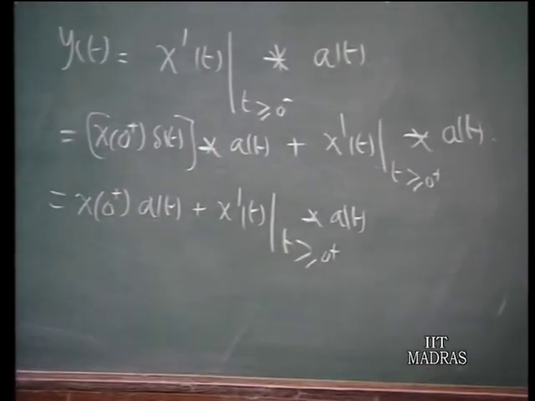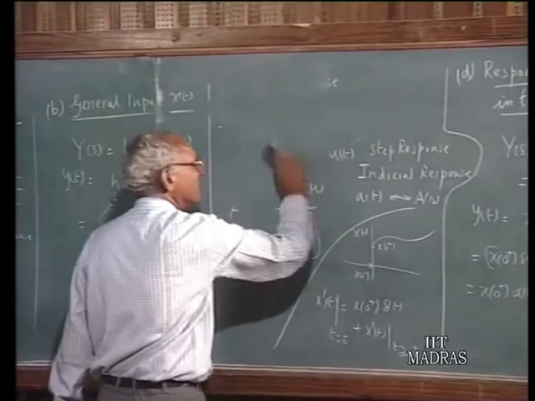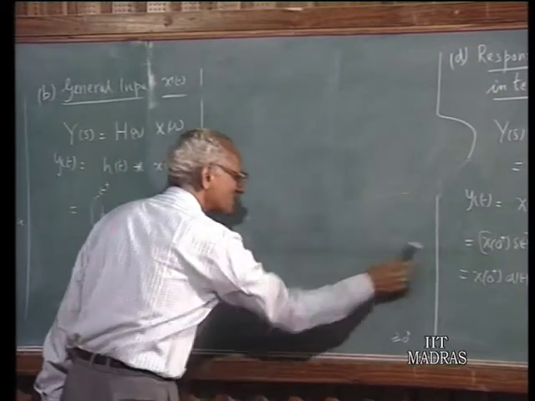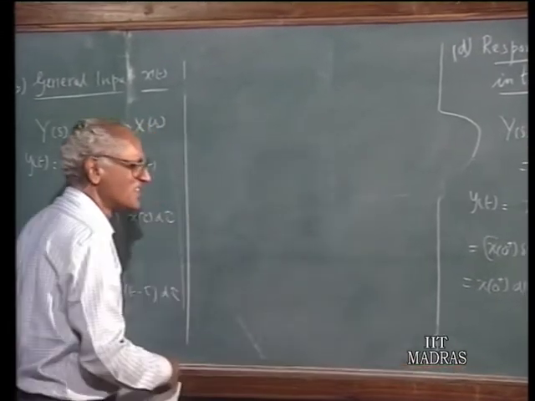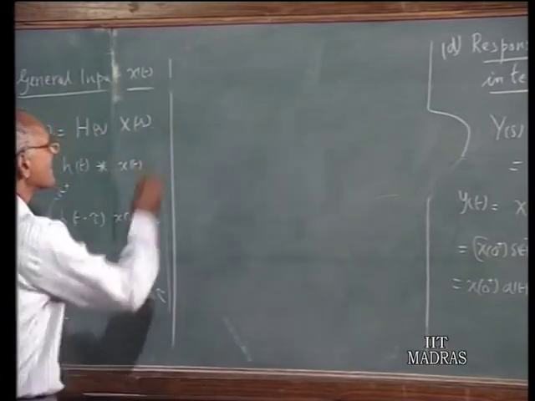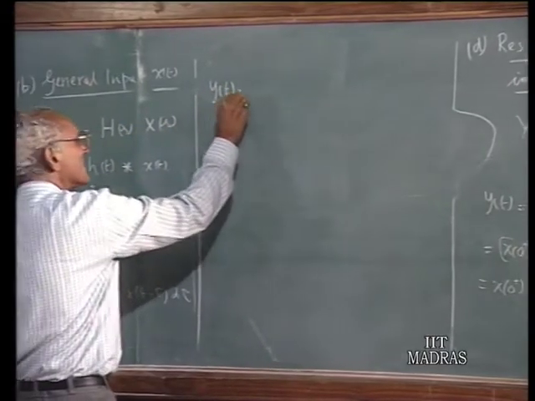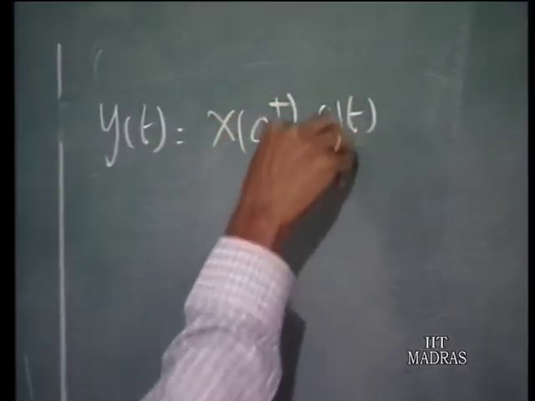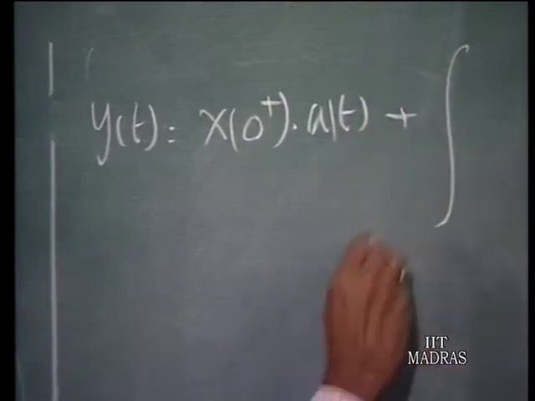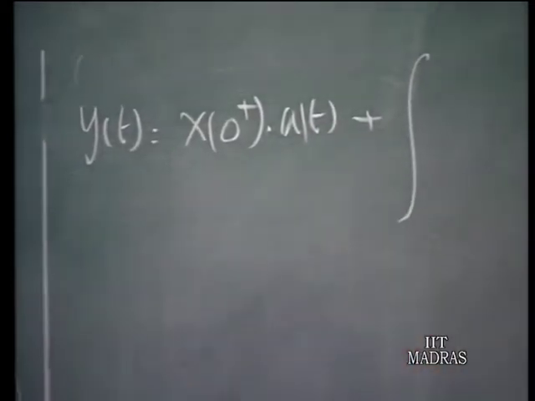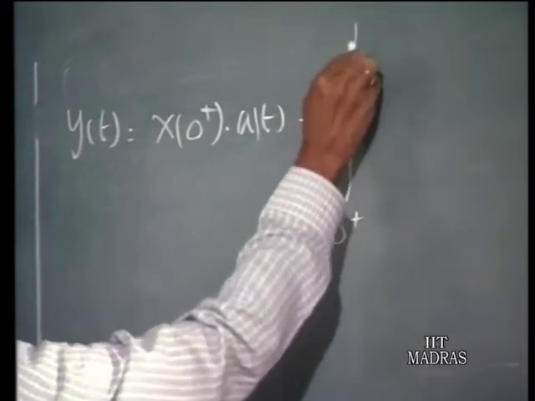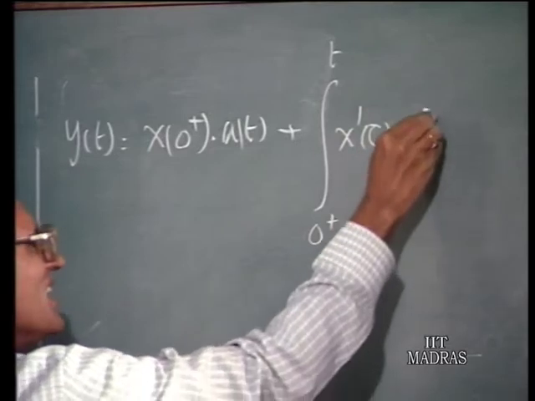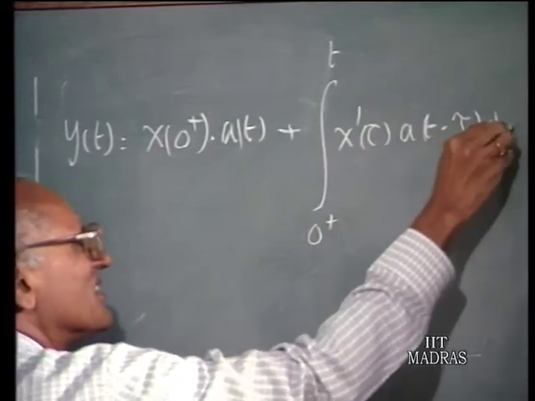Now let me put this down in the form of integrals more explicitly. So y of t therefore is x 0 plus times a t plus this one I will put in the form of an integral starting from 0 plus to t, x prime tau a of t minus tau d tau.